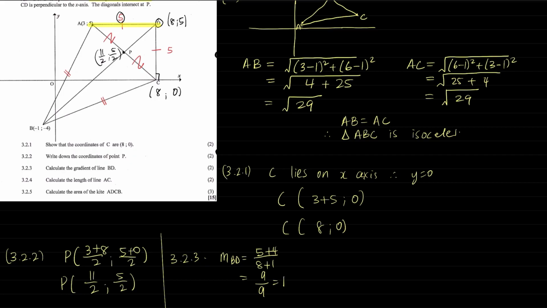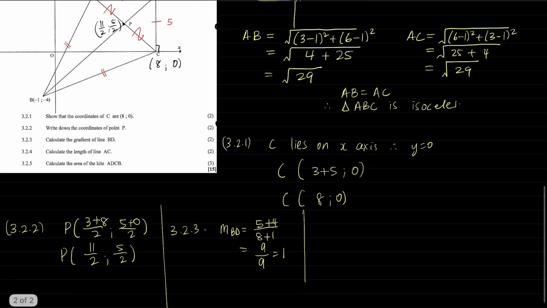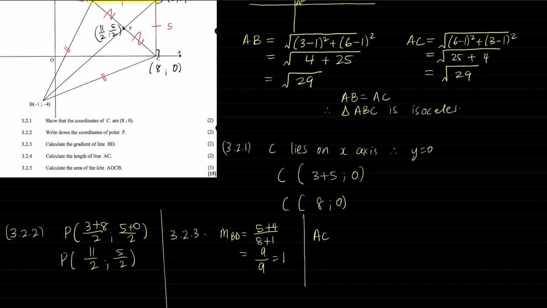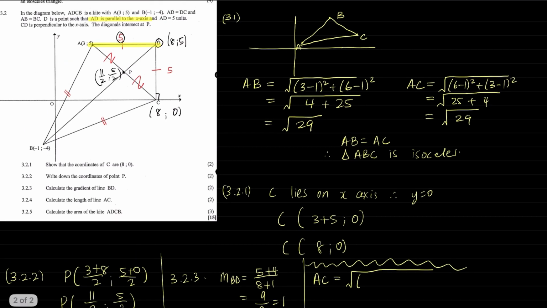3.2.4, calculate the length of the line AC. So to calculate the length of AC, we can use our distance formula. So AC is going to equal the square root of 8 minus 3 all squared plus 0 minus 5 all squared.